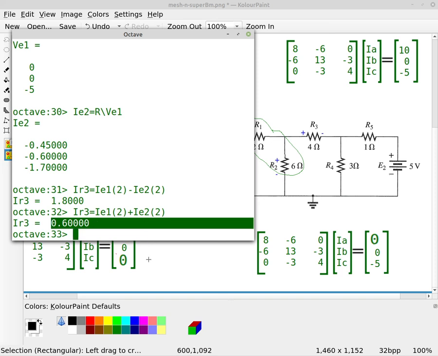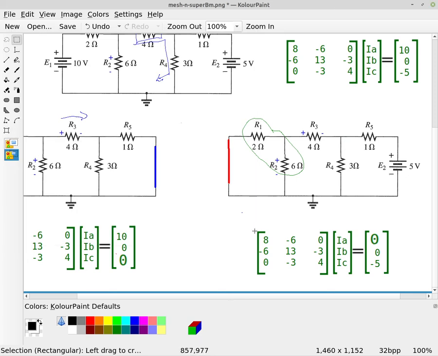So doing mesh analysis, once you've got your R matrix built to do superposition, all you have to do is set all the other voltage sources equal to 0. Again, you wouldn't have a current source for mesh analysis. You'd already have to convert all current sources to voltage sources.